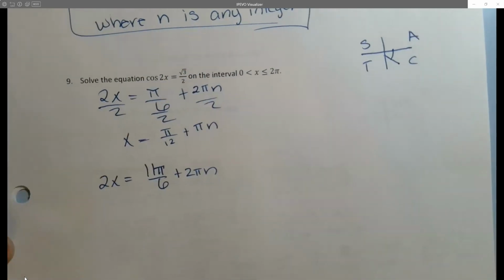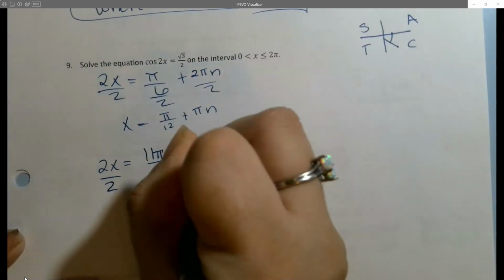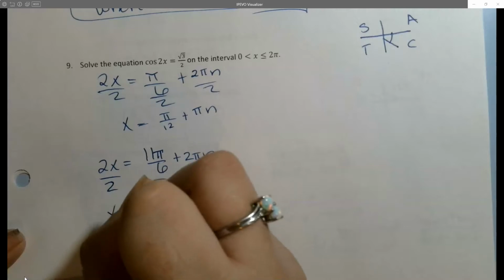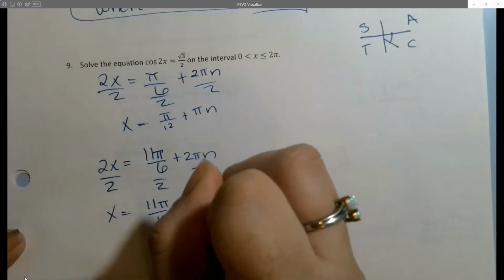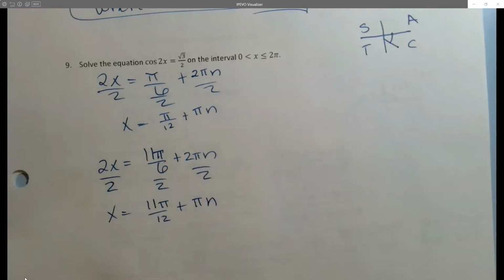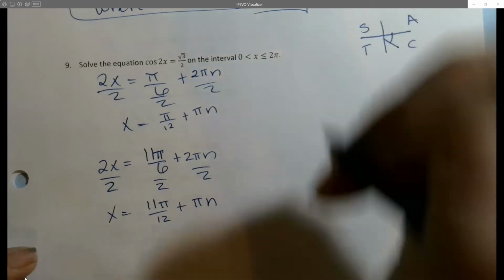And my second one, I get x equals 11 pi 12ths plus pi n. So I want to make sure all of my answers are less than 24 pi 12ths, because it needs to be inside this range.